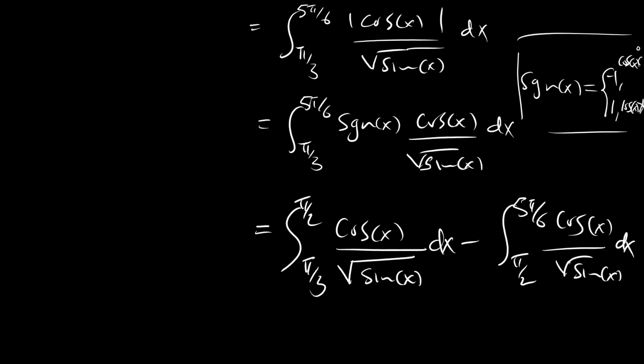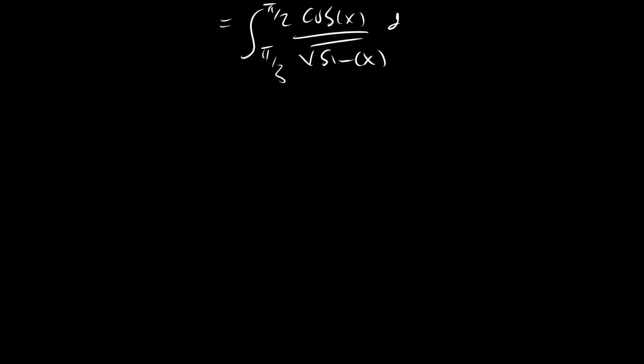Right? And what that means is that if we do have the integral from pi over 3 to pi over 2 of cosine of x over square root of sine of x, minus the integral from 5 pi over 6 to pi over 2 of cosine of x over square root of sine of x.